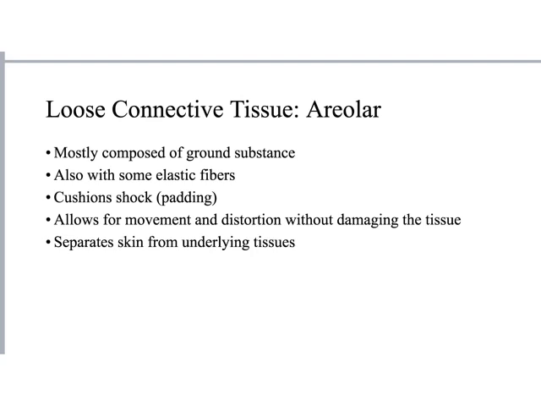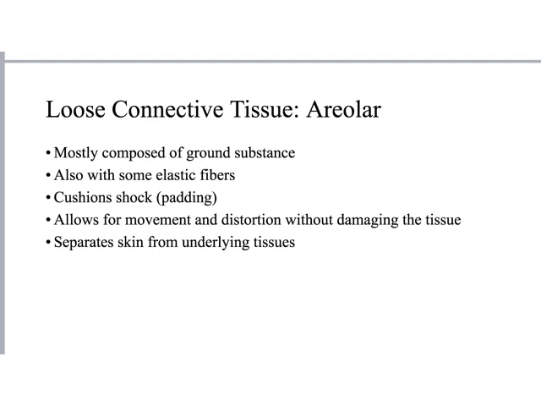Areolar tissue, this is really around for cushion, kind of shock absorbing padding you might think of. It's got a lot of ground substance, so it's largely composed of that maple syrup type consistency of fluid. There's some elastic fibers in there to help it stretch and spring back.